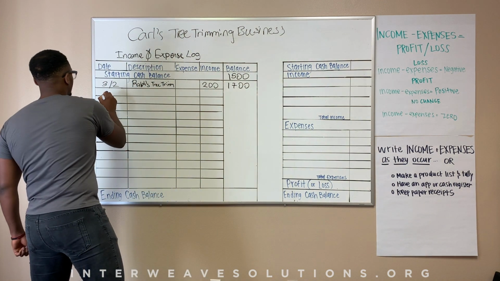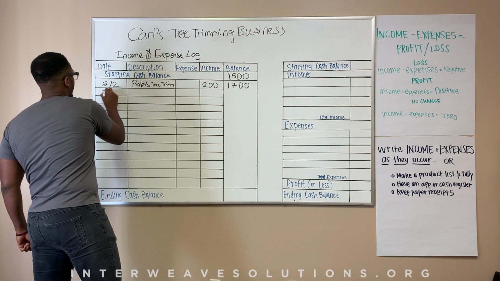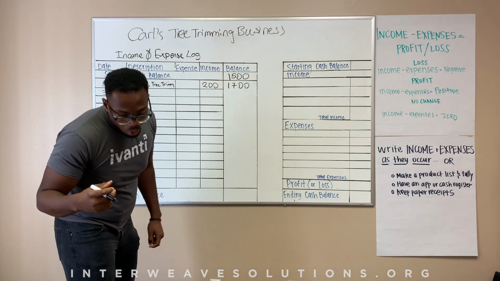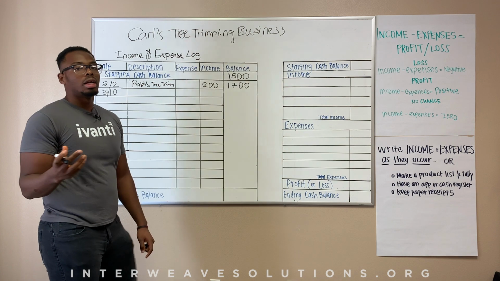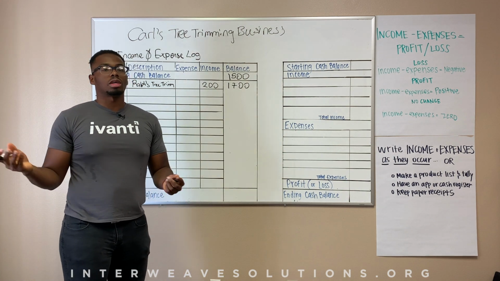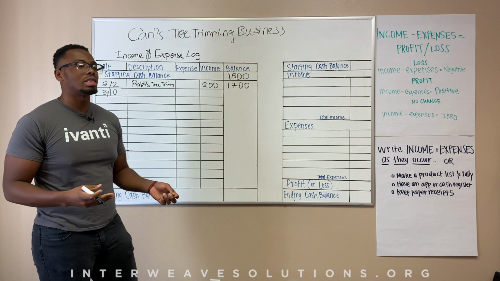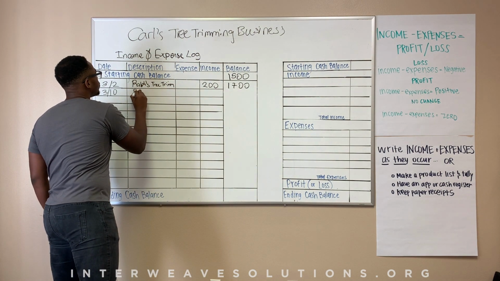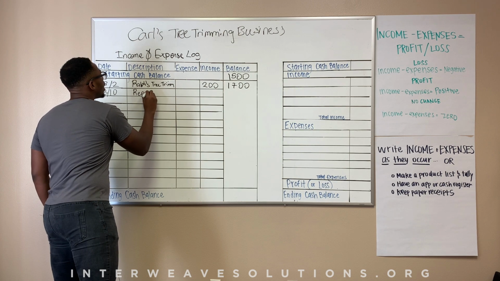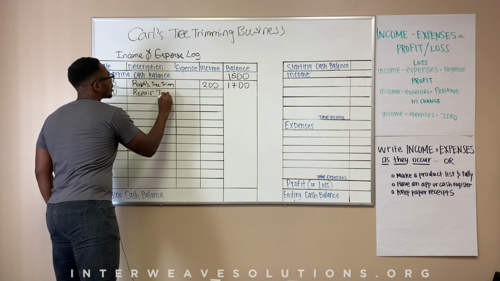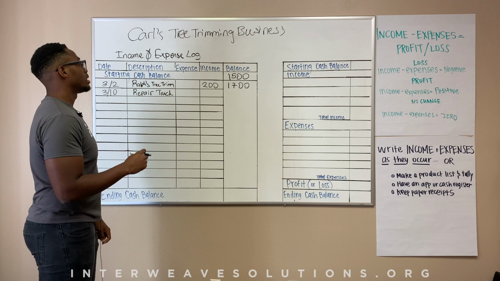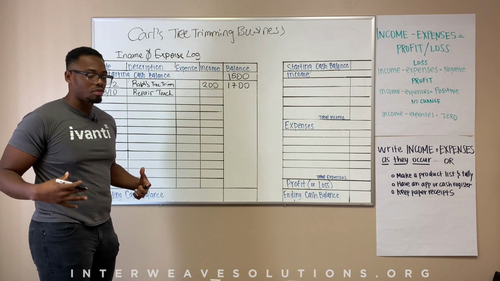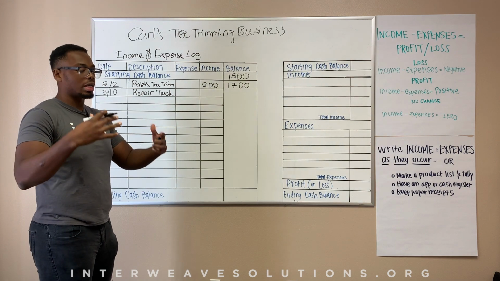We're just going to go to the next one, which is on the 10th. On the 10th, we had to repair our truck, because our truck is one of the equipment items that we use to run our business. So I'm just going to put right here, repair truck. That's an expense, because the money is going out of our pocket to get something done.